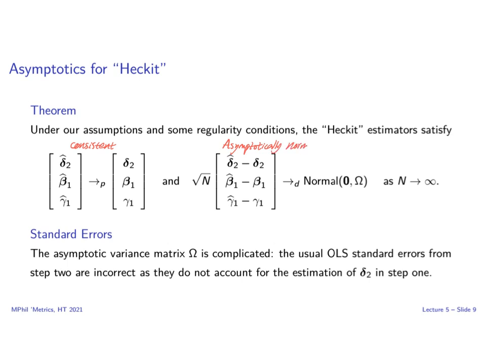There is a slight wrinkle here, namely that the Heckman two-step approach requires us to carefully calculate the asymptotic variance omega. In particular, the usual OLS standard errors that you obtain from the second step regression will be incorrect because they fail to account for the fact that this additional regressor that we introduce in the second step is actually estimated from data in the first step.